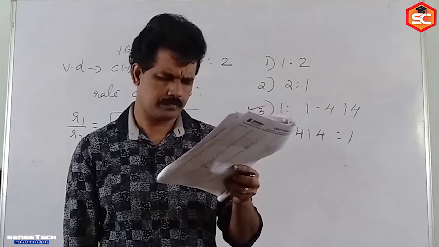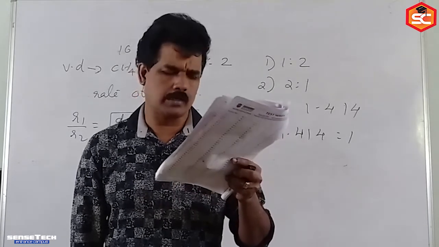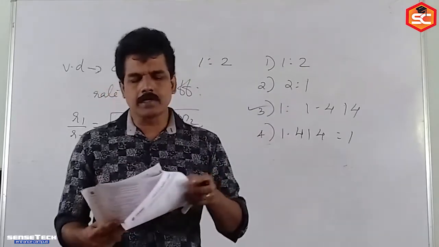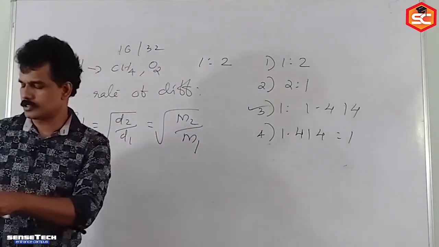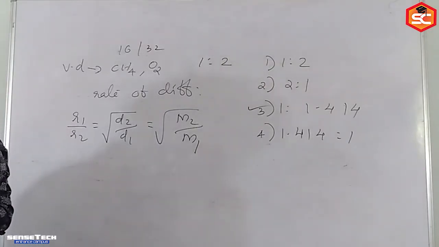Next question. The compressibility factor for a given gas is 0.927 at 273 Kelvin and 100 atm.